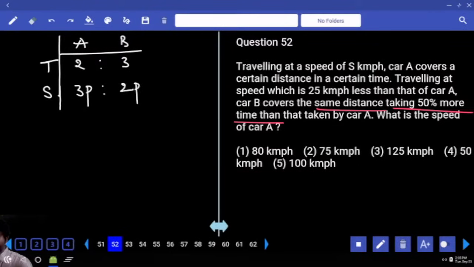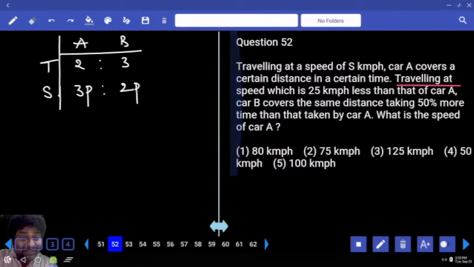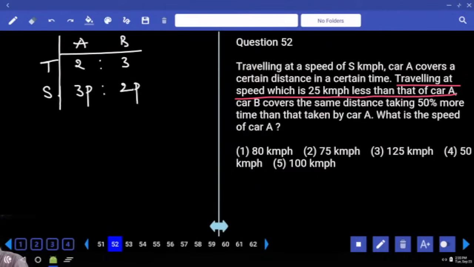B speed, it is said that car B is traveling at a speed which is 25 kilometer per hour less than that of car A. So the speed difference in terms of kilometer per hour: if one part is 25 kilometer per hour, 2 parts becomes, the question is about the speed of car A. Got it?